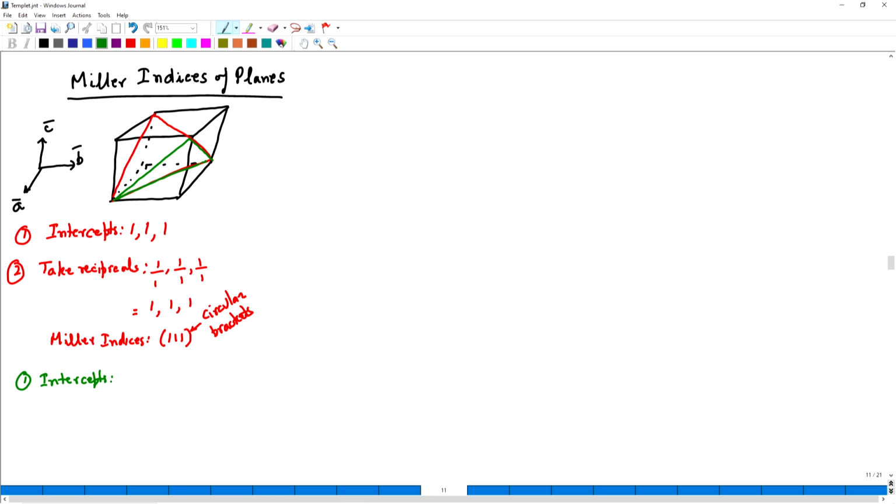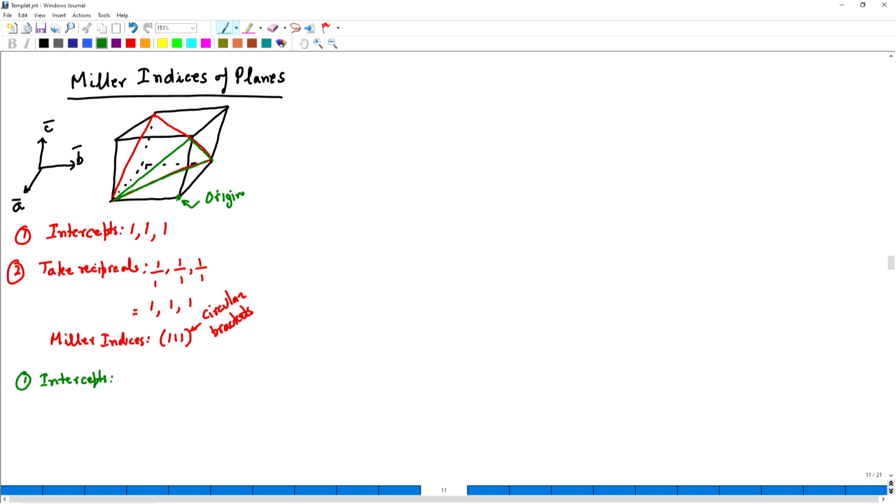Now first of all, before I write down the intercepts, we should see that we have to change the origin in this case. We need to shift the origin here. So, by shifting the origin here, I can get the intersections with the axes A, B and C.